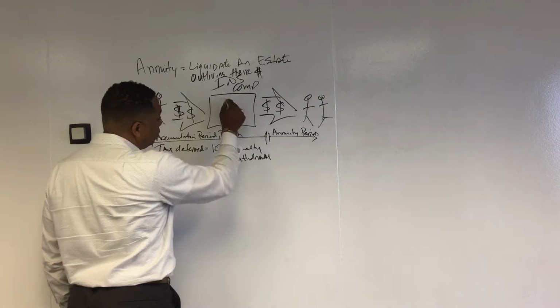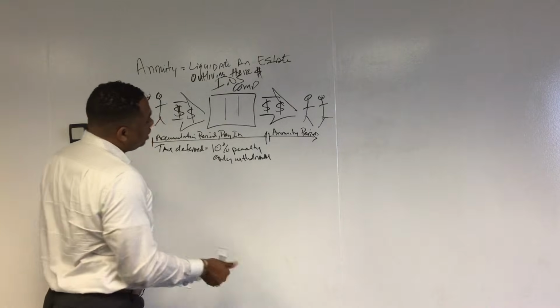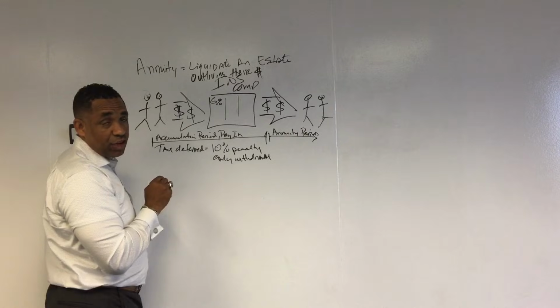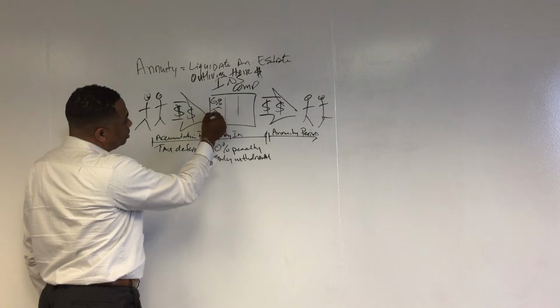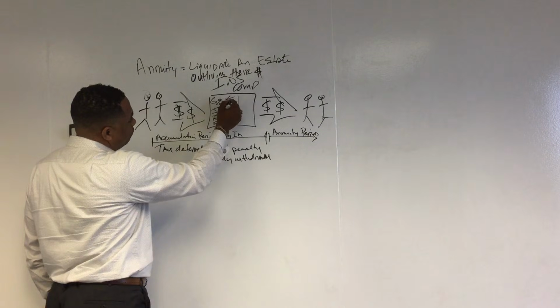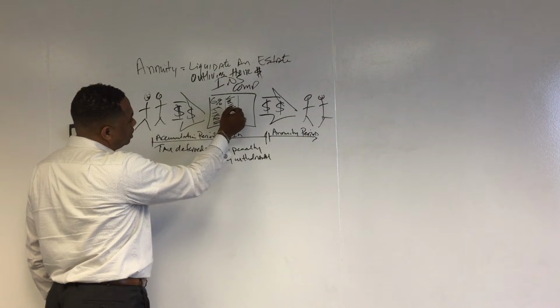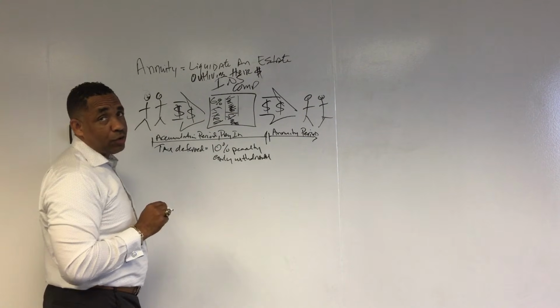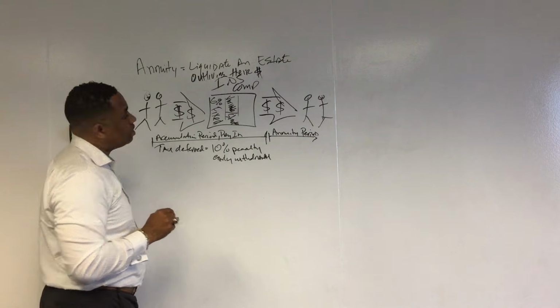When you put your money in an annuity, depending on what they do with the money, if they pay you a guaranteed interest rate, that's a G%, stands for guaranteed interest rate, it's considered a fixed annuity. If they pay you a variable rate, based upon the stock market, it's a variable annuity. You've got to have a securities license to sell it.